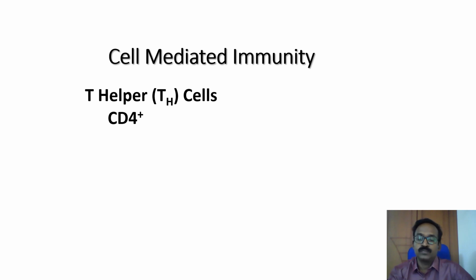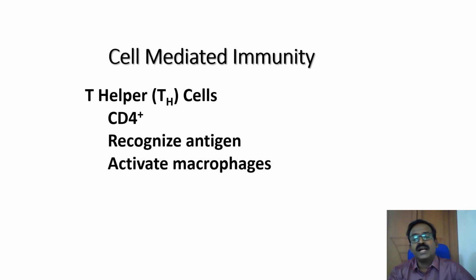They recognize the antigen when it is presented on the surface of the antigen presenting cells. They activate the macrophages and induce the cytotoxic T cell to kill the microorganisms.